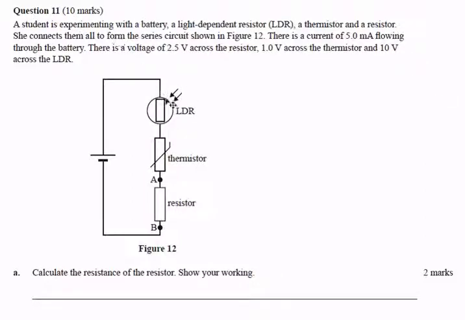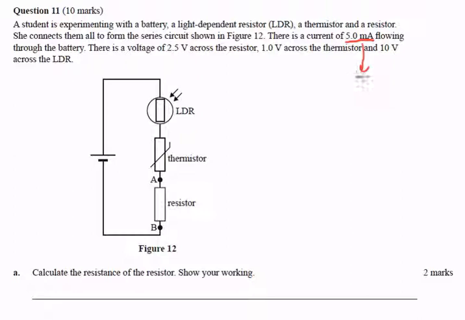Here we have a series circuit with a battery, an LDR, a thermistor and a resistor. And there's a current of 5 milliamps. I'm going to draw an arrow there.